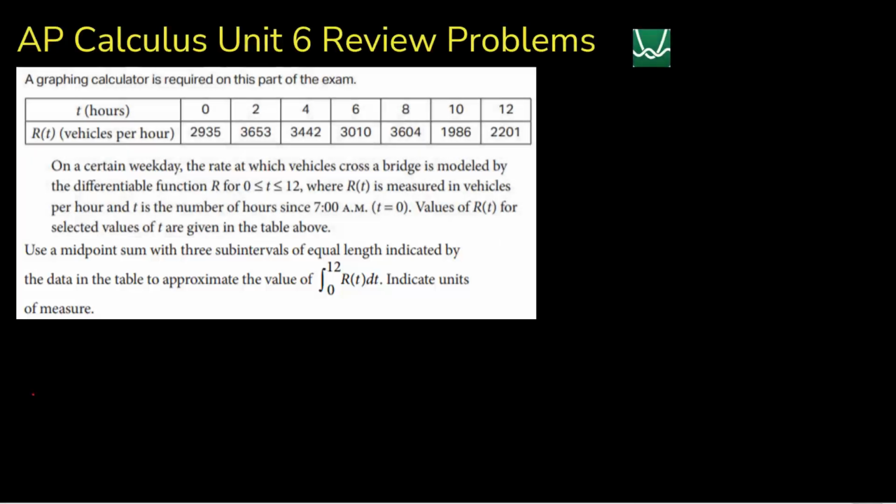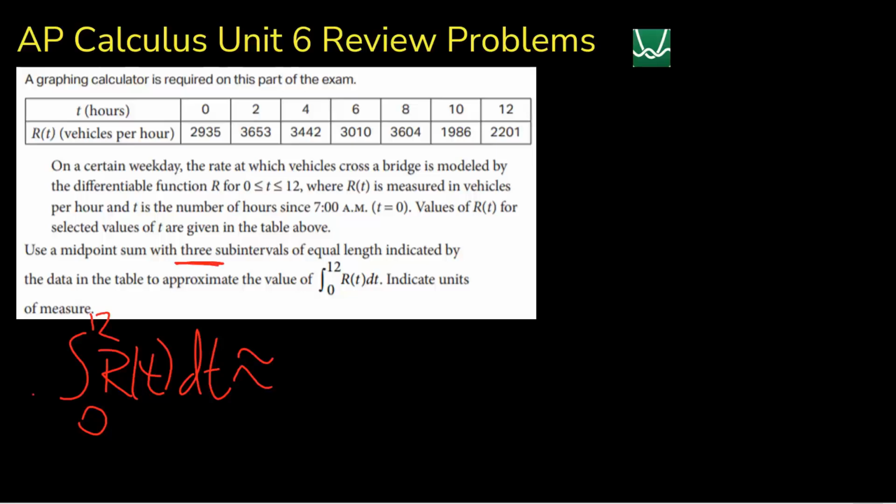So for this one, you are allowed to use Desmos. Totally fine. The definite integral here, this is a pretty straightforward, standard question. Definite integral from 0 to 12, r of t dt is approximately equal to. It's important that you put the approximately equal to. Now we've got to do a midpoint method with only 3 subintervals.